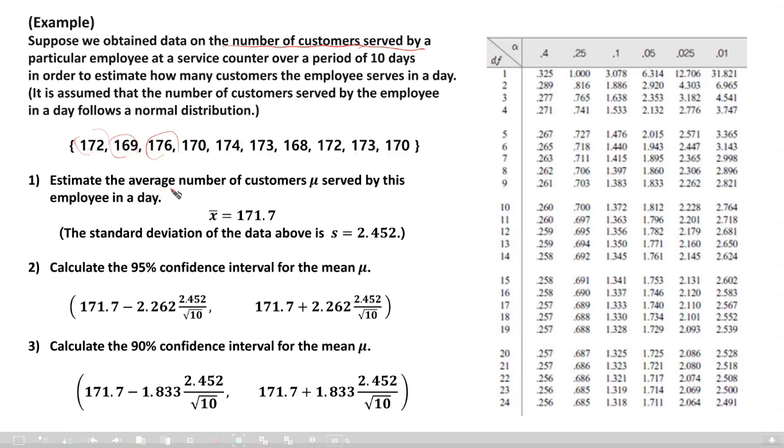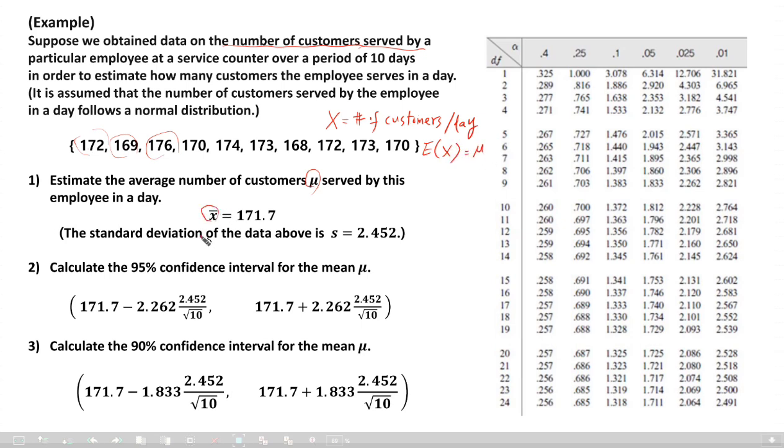Estimate the average number of customers, say mu, served by this employee in a day. X is the number of customers served by a particular worker per day. So what is the estimate of the expectation of x, in other words, mu?